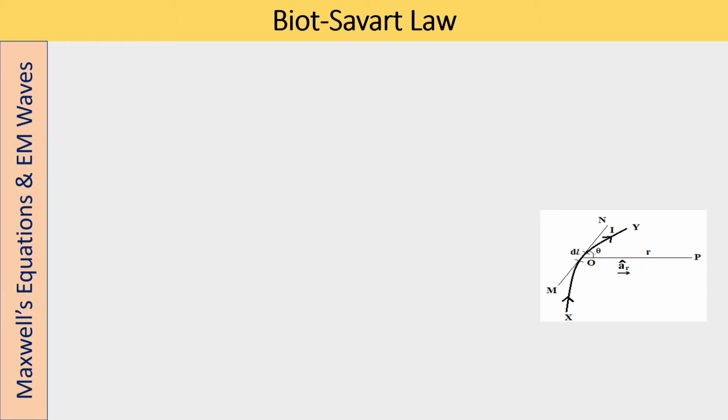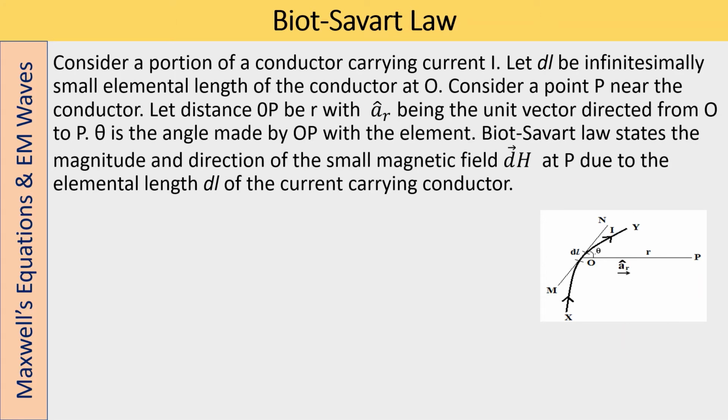Before discussing Maxwell's third equation, let us discuss the Biot-Savart law. Let us consider a portion of the conductor carrying current I. XY represents the conductor carrying current I. Let dl be an infinitesimally small elemental length of the conductor at a point O. Consider another point P near the conductor.